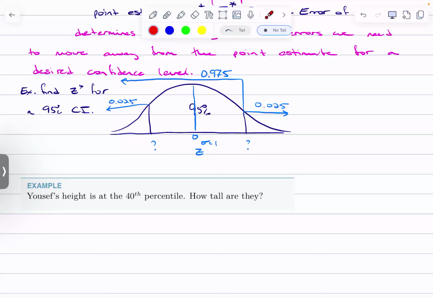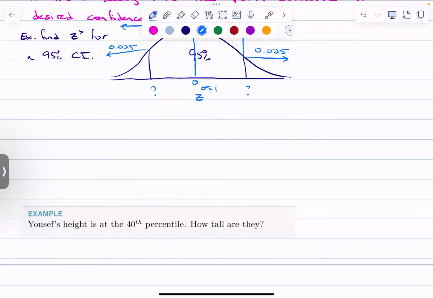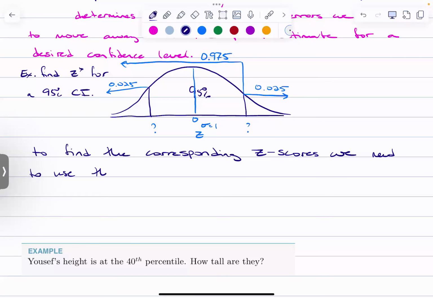Now, to find the corresponding Z scores, we need to use the inverse normal.